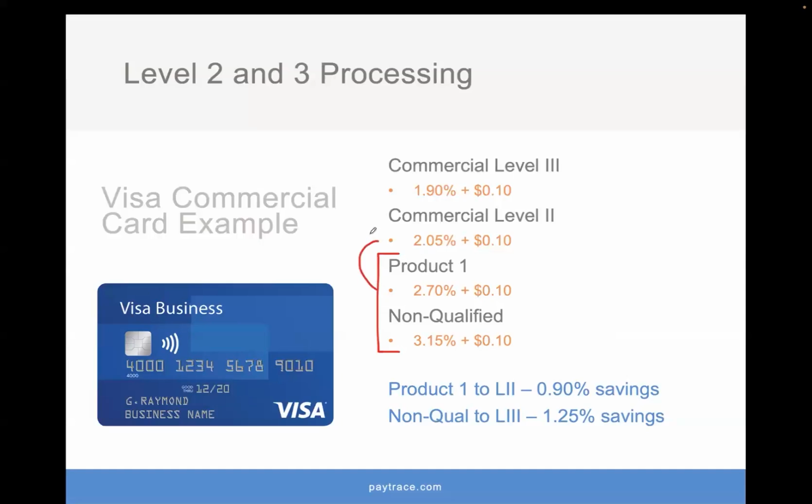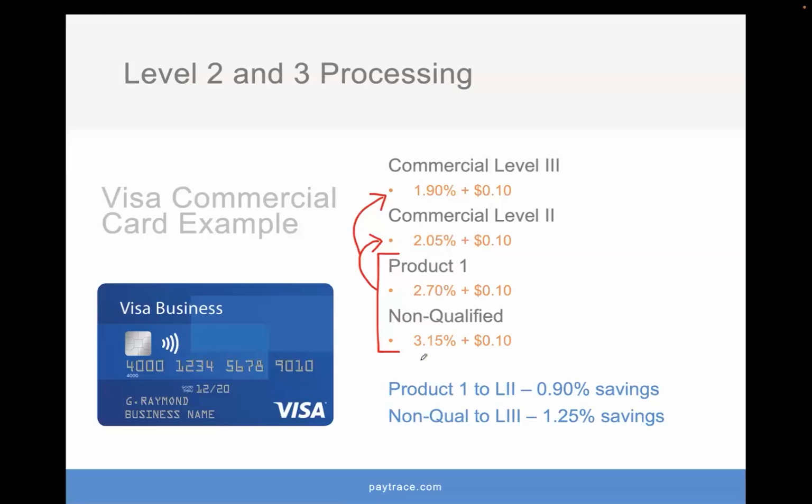However, if that merchant is able to supply some of that additional data that we just talked about, we can reduce that down to as low as 2.05 all the way down to 1.9%. Now you can see, if we start talking in basis points, that's 0.65% or 65 basis points being reduced pretty much at a minimum if we're going from, in this case, product one, which used to be called ERF, to level two.